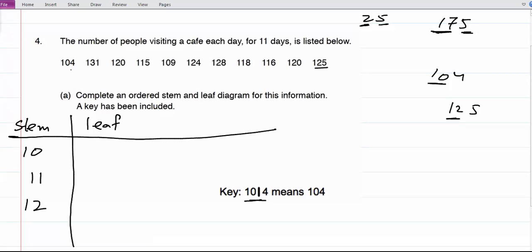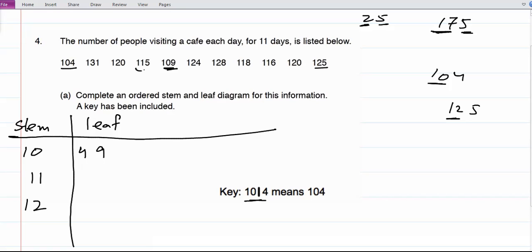Now, one by one. 10, we already wrote 4. Then any other number that starts with 10? Yes, this one. 10 we already wrote, just write 9 now. Then with 11, the smallest number starting with the stem 11.